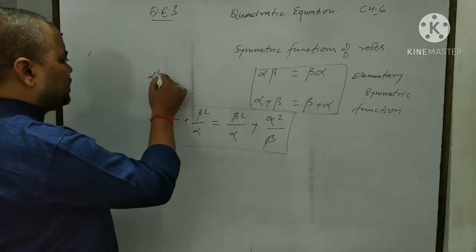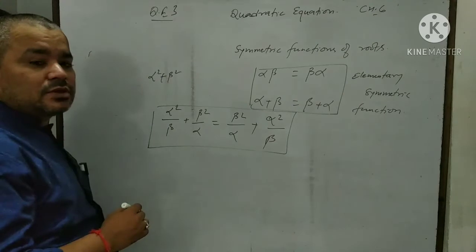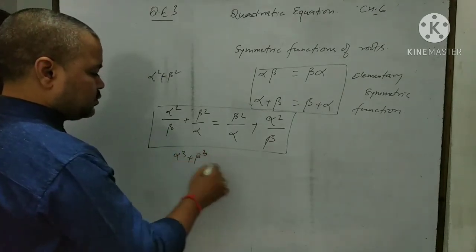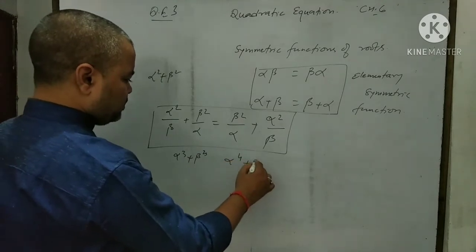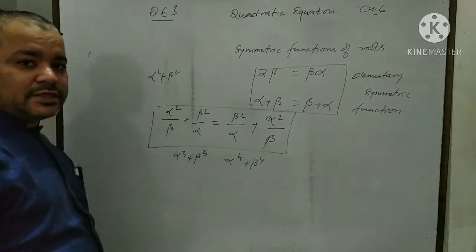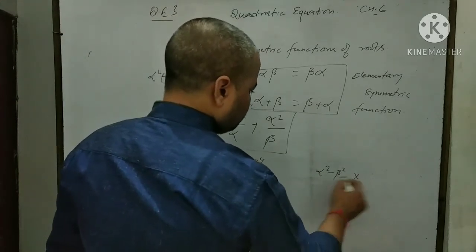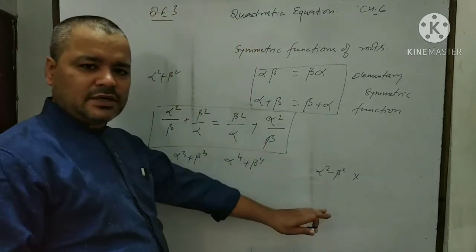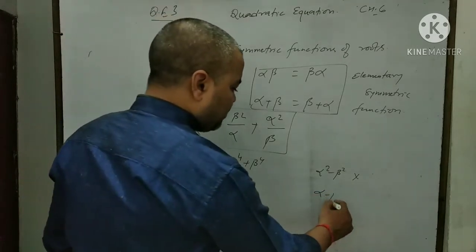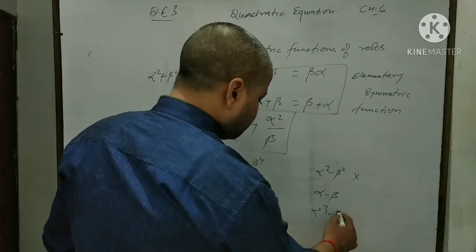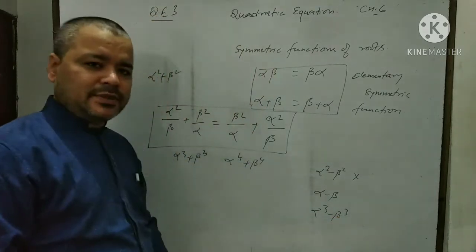Similarly, here alpha square plus beta square is also symmetric. Alpha cube plus beta cube is also symmetric. Alpha raised to the power 4 plus beta raised to the power 4 is also symmetric. But here alpha square minus beta square is not symmetric. Similarly, alpha minus beta is not symmetric. Similarly, alpha cube minus beta cube is not symmetric.